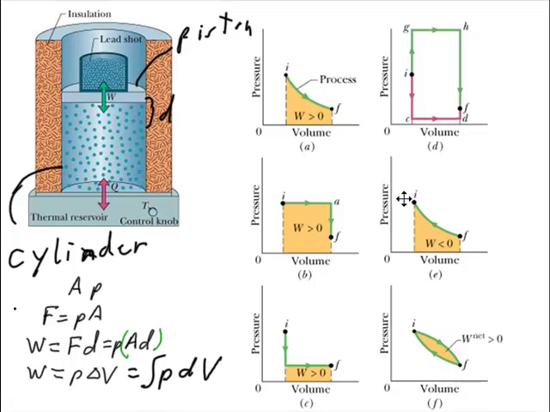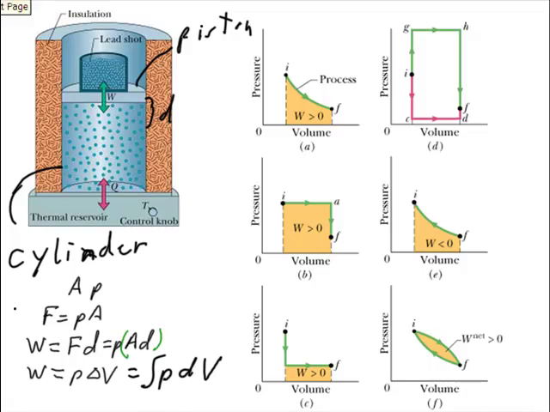However, the quantity of heat transfer, the amount of thermal energy transferred because of temperature differences, also depends on the particular path we take for each one of these. But it turns out a certain combination of those two is not dependent on path.